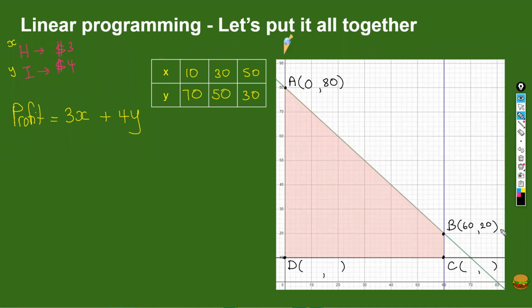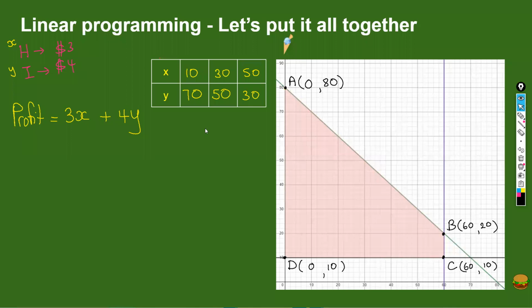Point C looking like (60, 10). And the last point looking like (0, 10). So you're only taking the vertices. You don't take any other points.